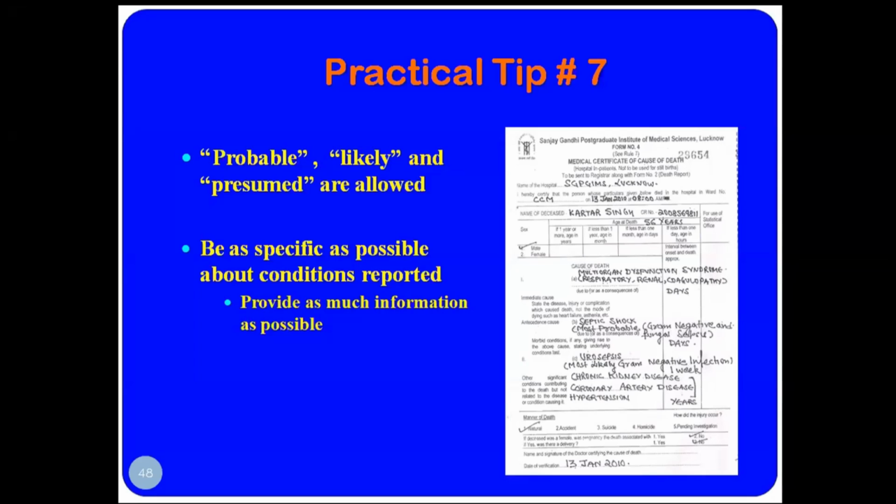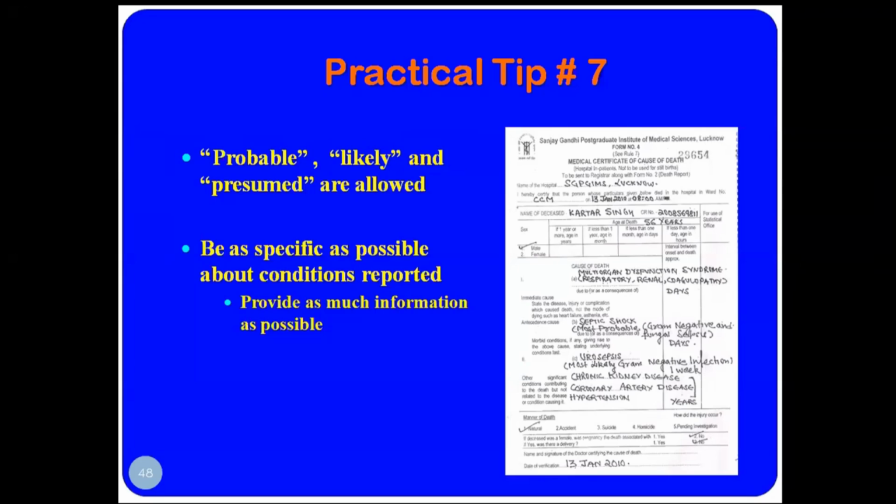But still, you have to be as specific as possible. For example, the patient was admitted with urosepsis. If you have a preliminary report that gram-negative organisms are growing in the urine, you can write urosepsis, brackets, most likely gram-negative infection. Now you realize the importance of this.